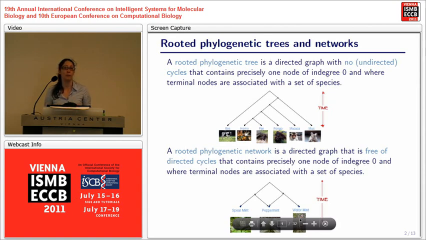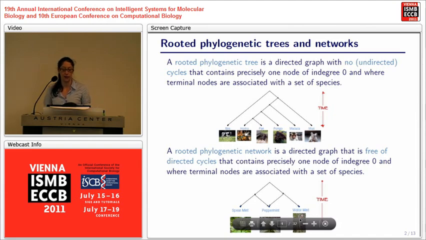Direct cycles are not permitted, but the fact that we can have indirect cycles makes it possible to represent reticulate events where the genetic material of one species comes from several species, not just one. So the fact that we can have more than one parent.